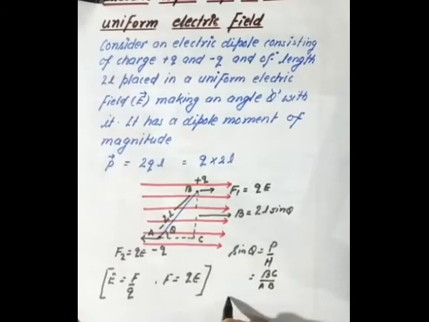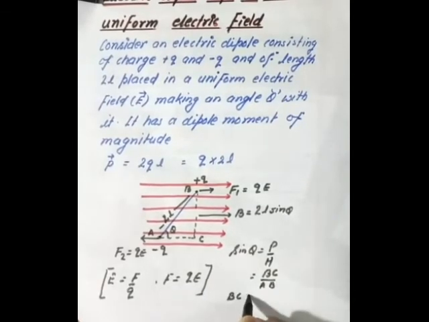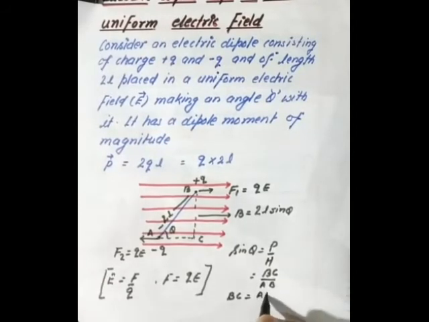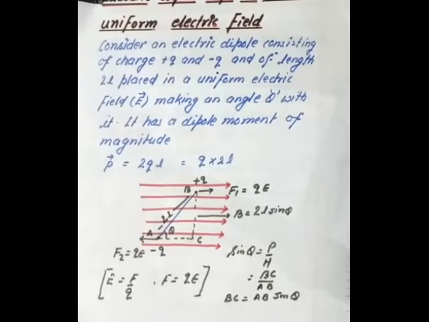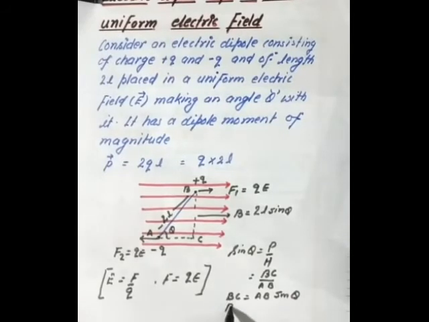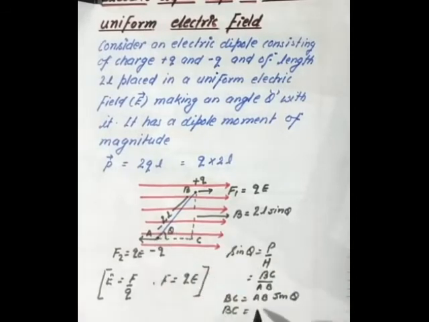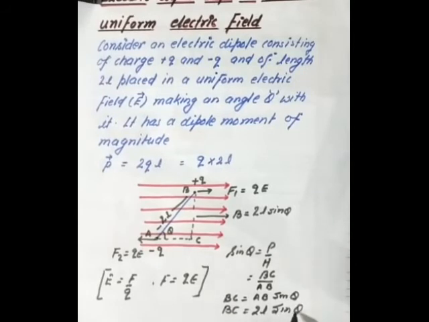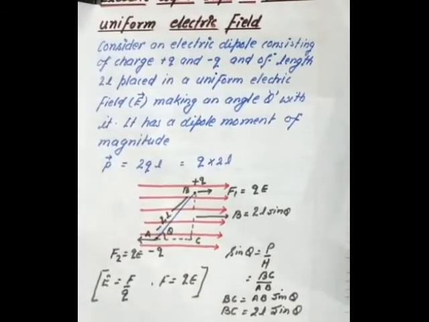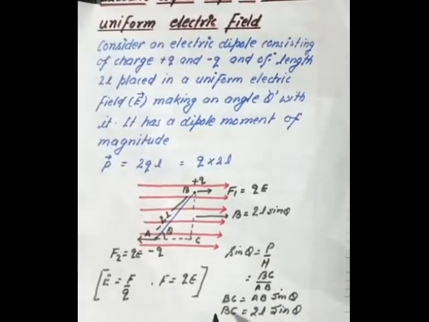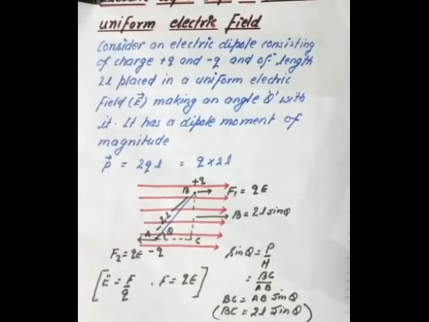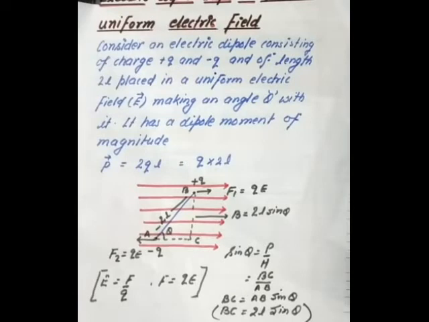So BC equals AB sine theta, and the distance AB will be 2L. So here BC equals 2L sine theta. We got it.